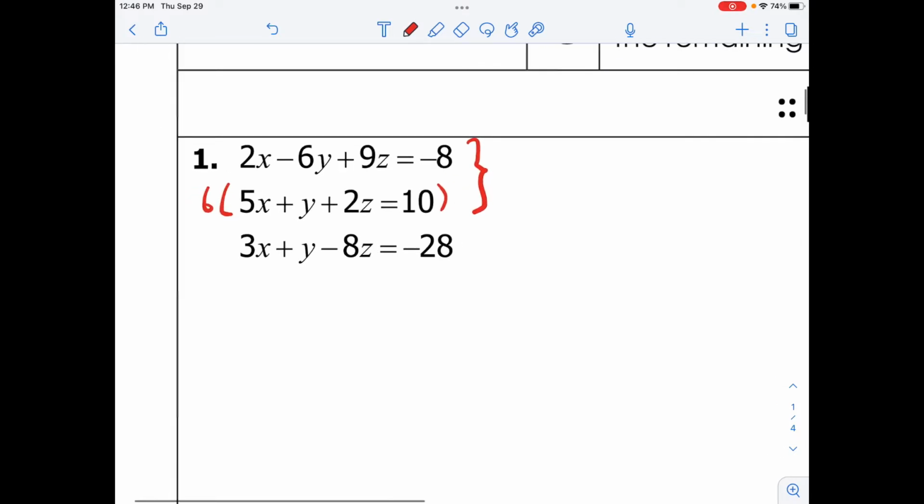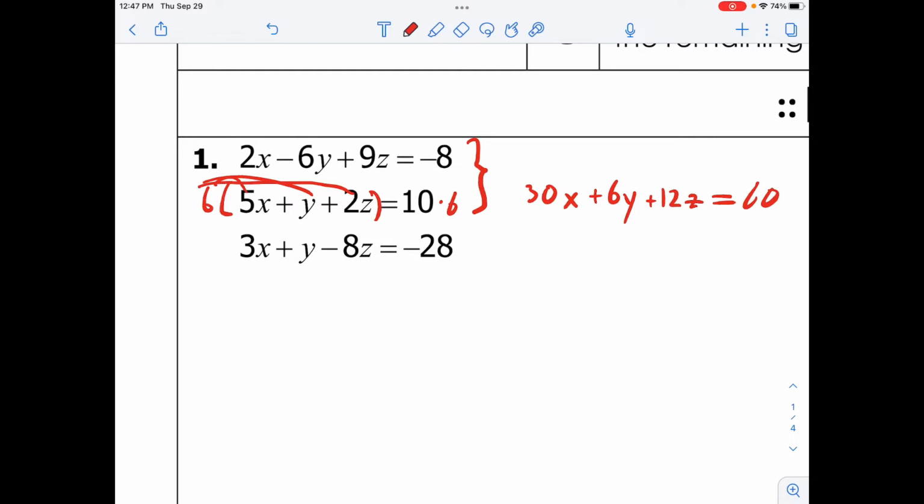I'm going to be left with 30x plus 6y plus 12z equals 60. And then I have just this first equation still, 2x minus 6y plus 9z equals -8.